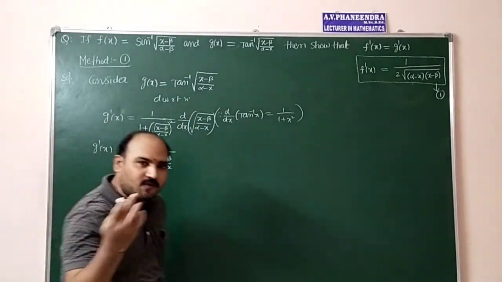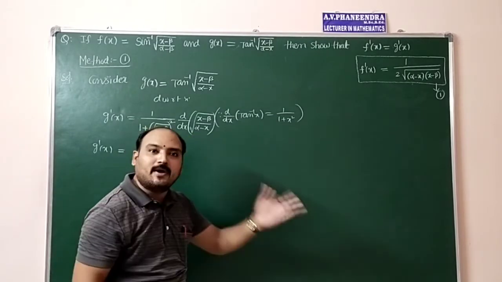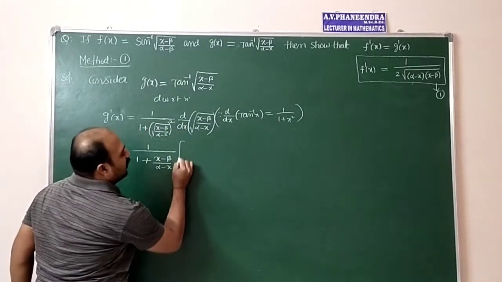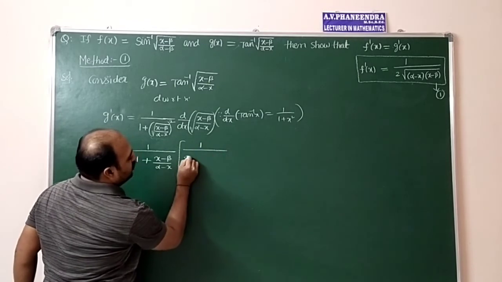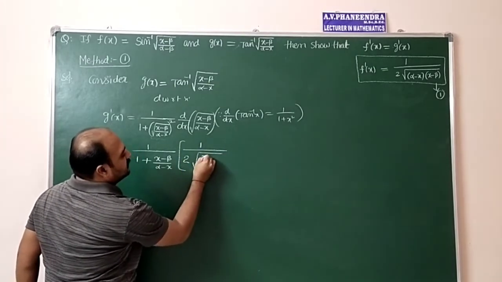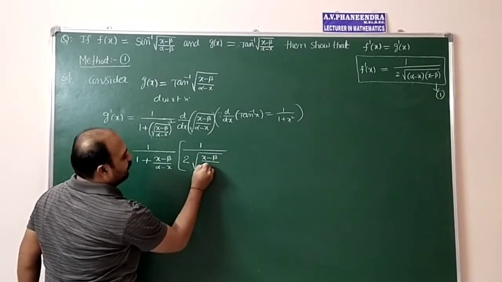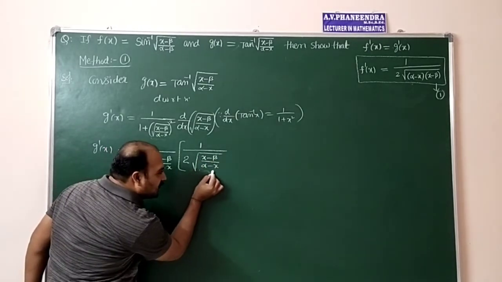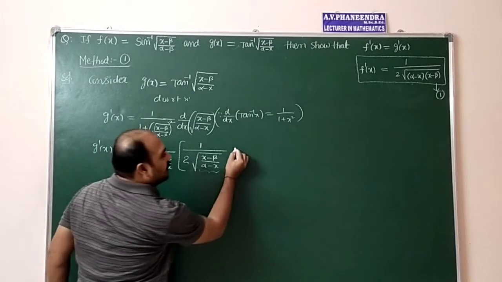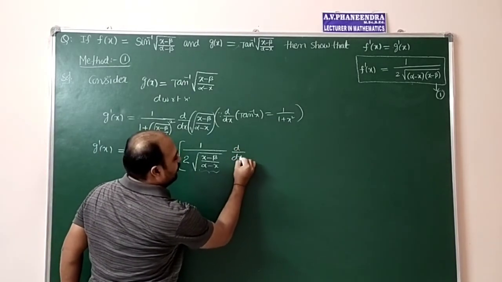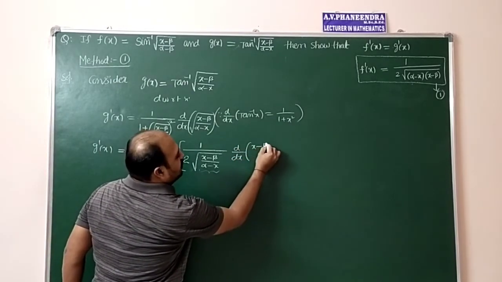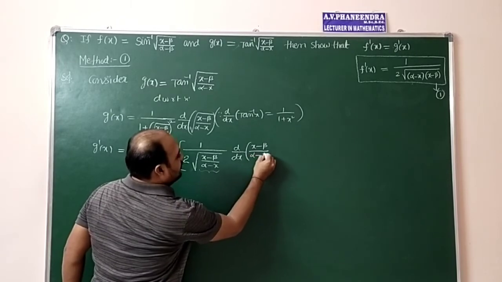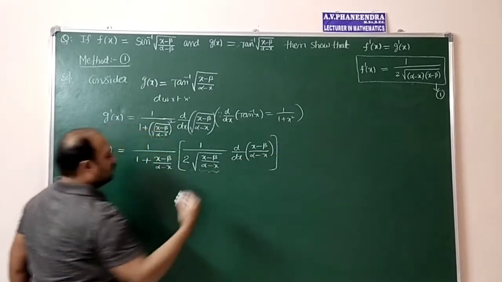I already wrote the formula: d by dx of root x is 1 by 2 root x. So keep bracket: 1 by 2 root of x minus beta divided by alpha minus x. Again, whatever the function is involving, again you have to differentiate: d by dx of x minus beta divided by alpha minus x.